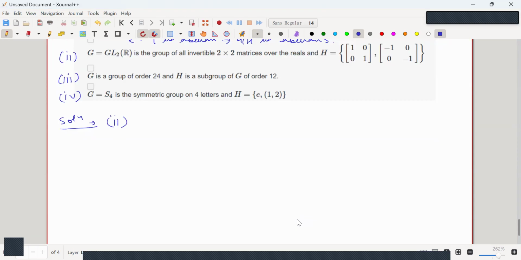Suppose A equals 1, 1, 1, 0 and B equals 1, 0, 1, 1. They won't commute, right? But does it imply that the factor group G by H is non-abelian?